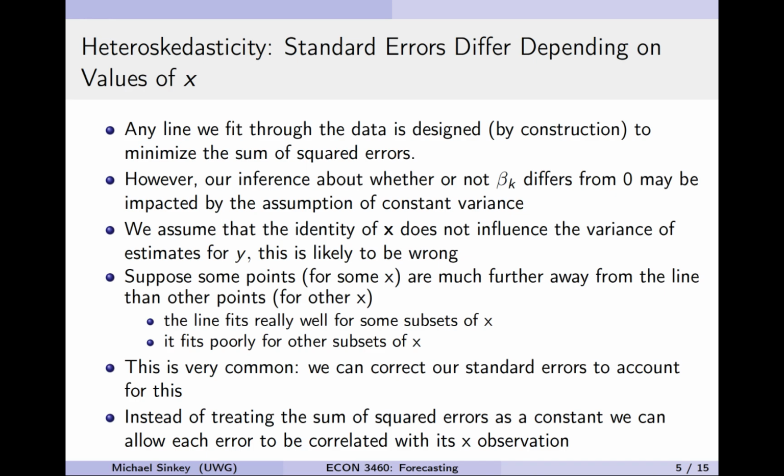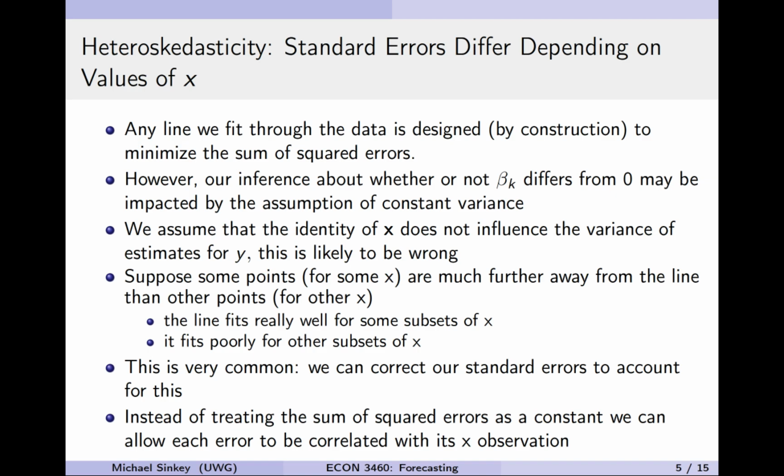So the regression variance, how the points are dispersed around the line, is not constant anymore. So it is inappropriate to treat each data point as being the same distance away and just multiplying the transpose matrix times the error vector. That's inappropriate anymore. What we want to do instead is potentially allow the error in x to be related in some way.